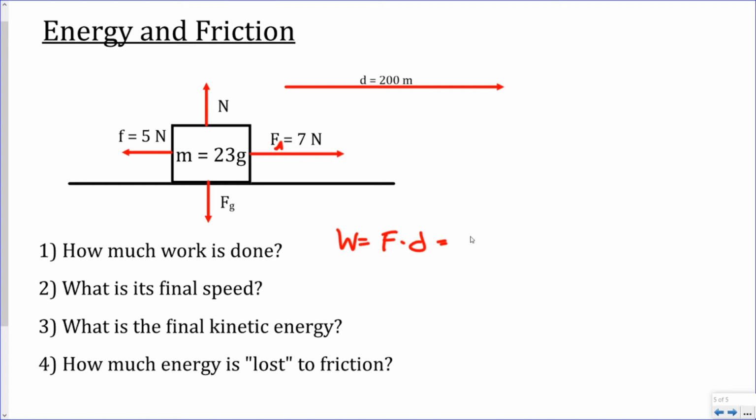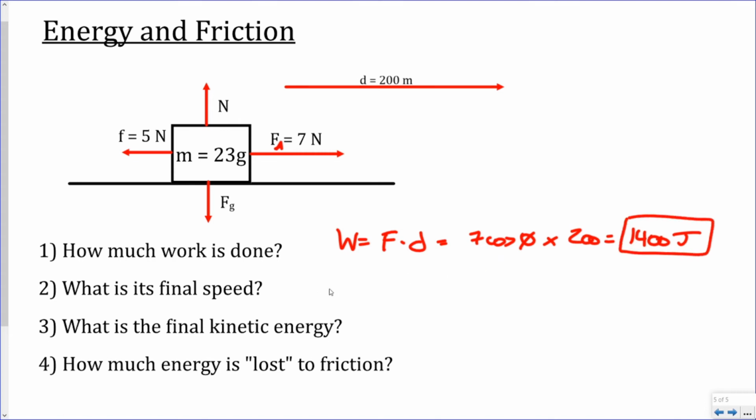So we could say the force is going to be 7 times the cosine of, there is an angle of 0 between those, so that cosine of 0 is actually 1, so 7 times 1 is going to be 7, times the displacement, which was 200 meters. So 7 times 200 is 1,400, and this is joules. So there's my answer for number 1.